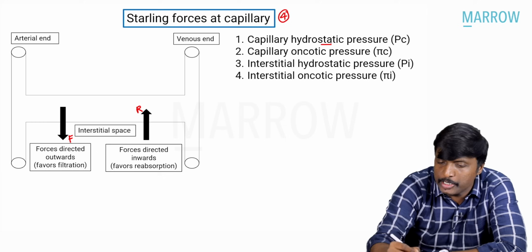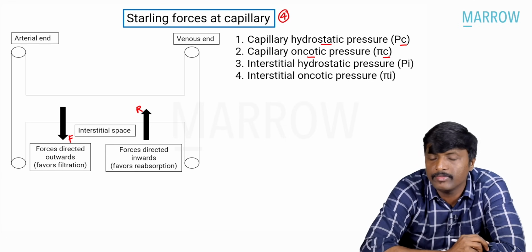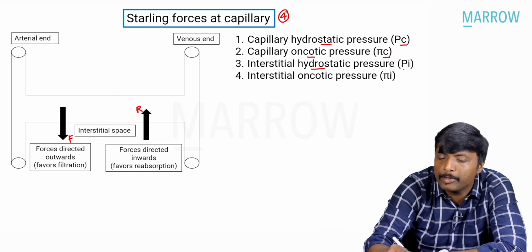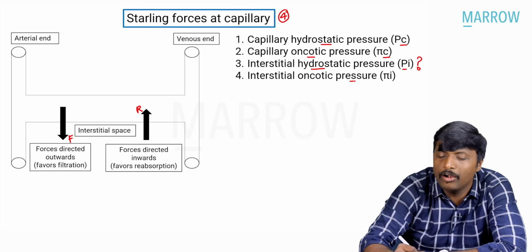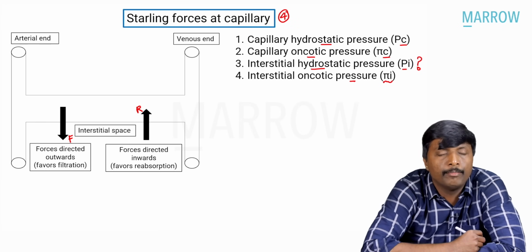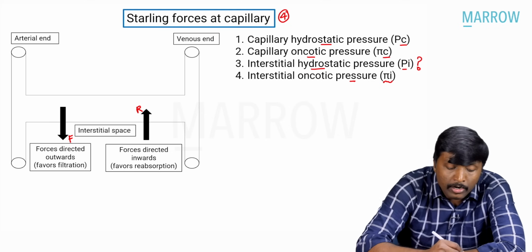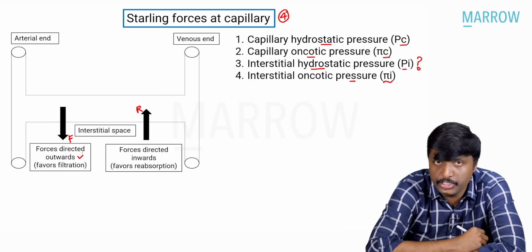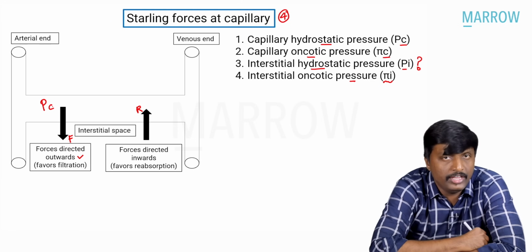These are all the 4 forces. Capillary hydrostatic pressure, Pc. Capillary oncotic pressure, Pi c. Interstitial hydrostatic pressure, Pi, which was asked in this question. Interstitial oncotic pressure, Pi I. Pi denotes oncotic pressure, P denotes hydrostatic pressure. Now, which are the forces that favor filtration? Capillary hydrostatic pressure favors filtration.